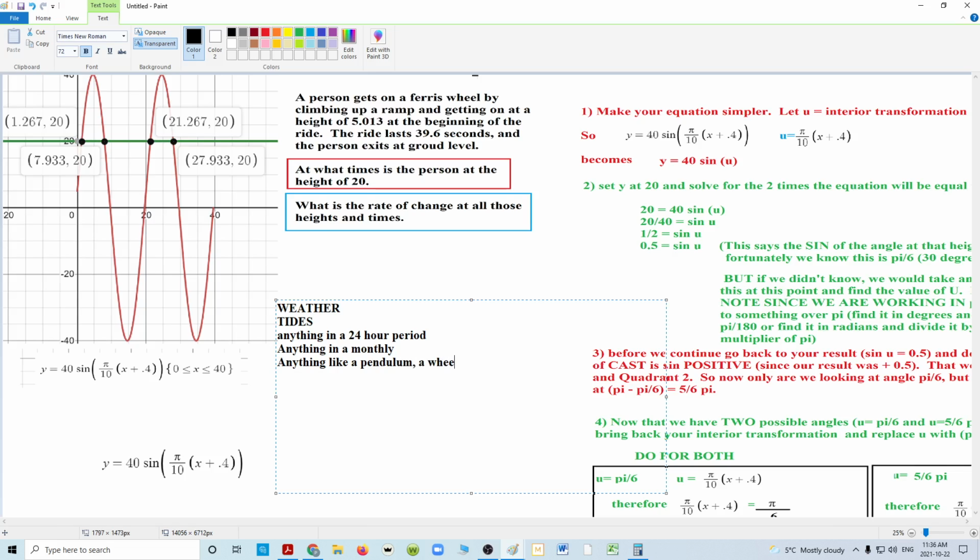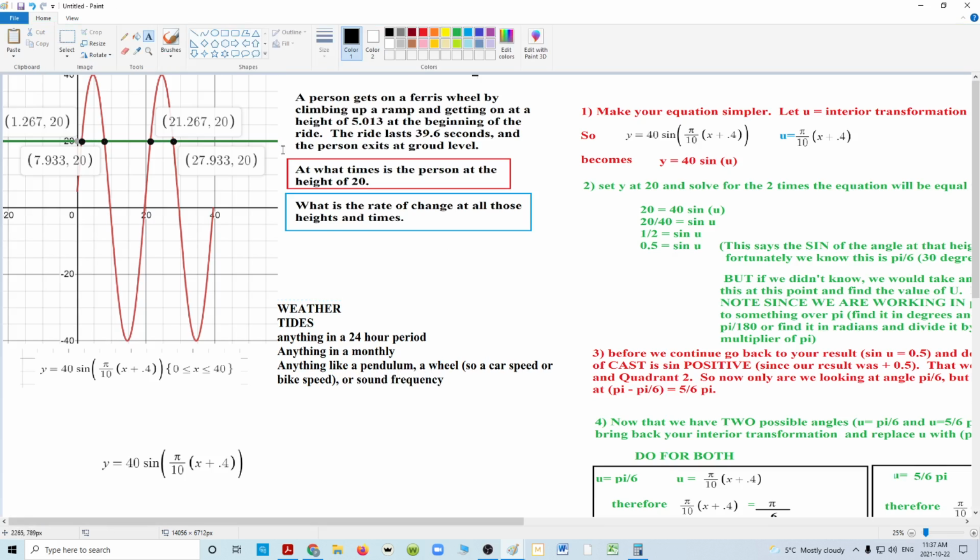A wheel, so a car speed or bike speed, or sound frequency. These would all use sine curves. And that's because if you look at a sound wave, it looks almost identical to a sine curve.